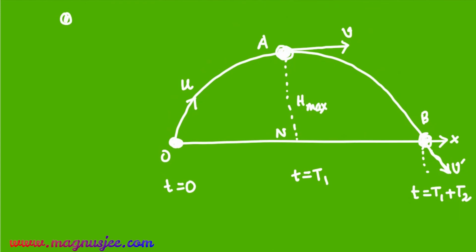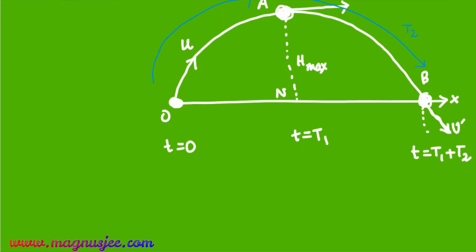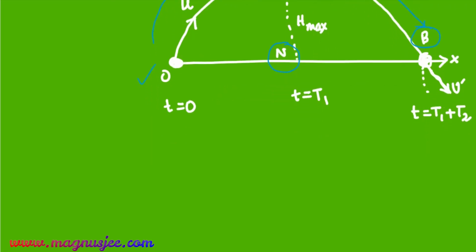So the time taken by the projectile to travel from A to B is capital T2, which is time of descent. T1 is the time of ascent, in which the body travels from O to A along OA, and the projectile moves downwards from A to B in time T2. N is the midpoint of O and B because T1 is equal to T2.